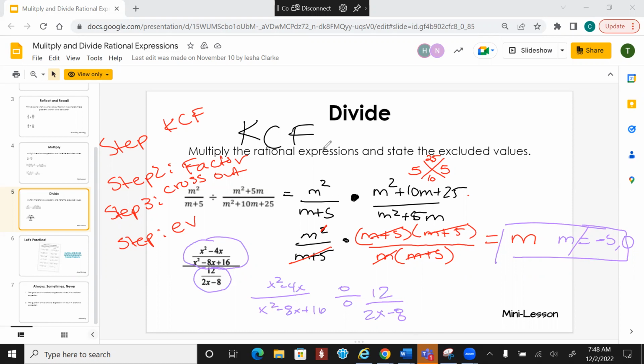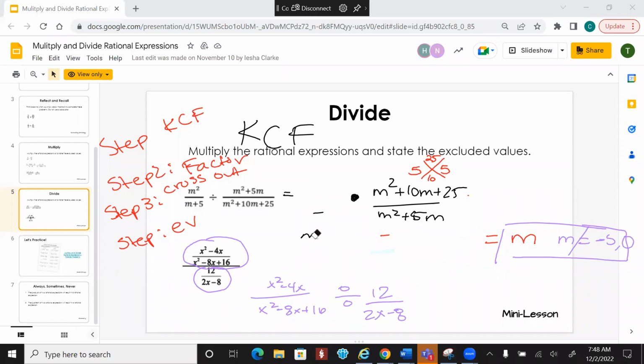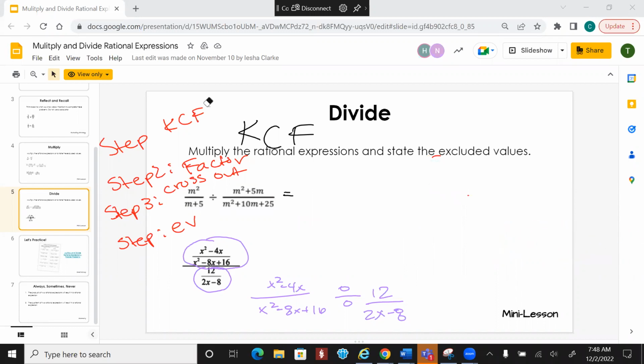Okay, so I'm going to erase this part and write it up here so that you can actually see it. Okay, so we're going to keep, change, flip, keep the first one, change, and then flip.